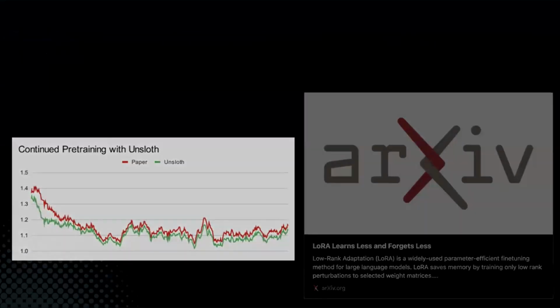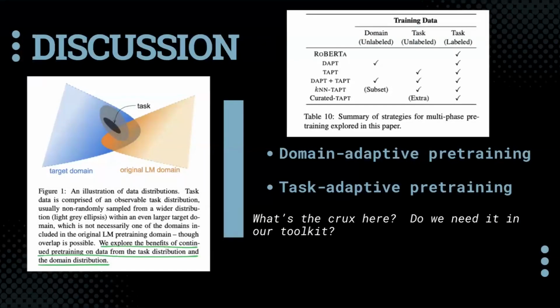It's pretty cool. So Wiz, I want to talk a little bit about this now with you here. This is the figure, and it's very meta, from this paper. We have this original language model domain, and then we have this subset of that original language model domain that we want to really crush and be good at. And it's not the whole thing, but it's part of it.